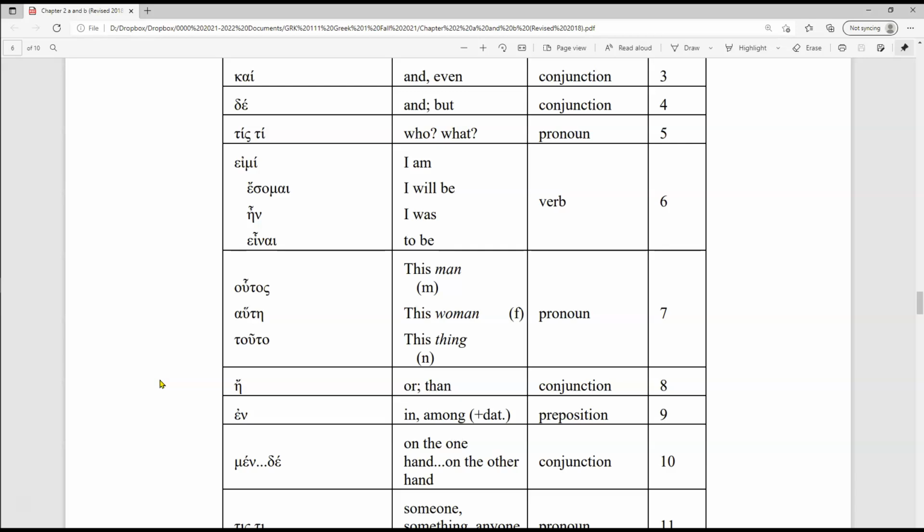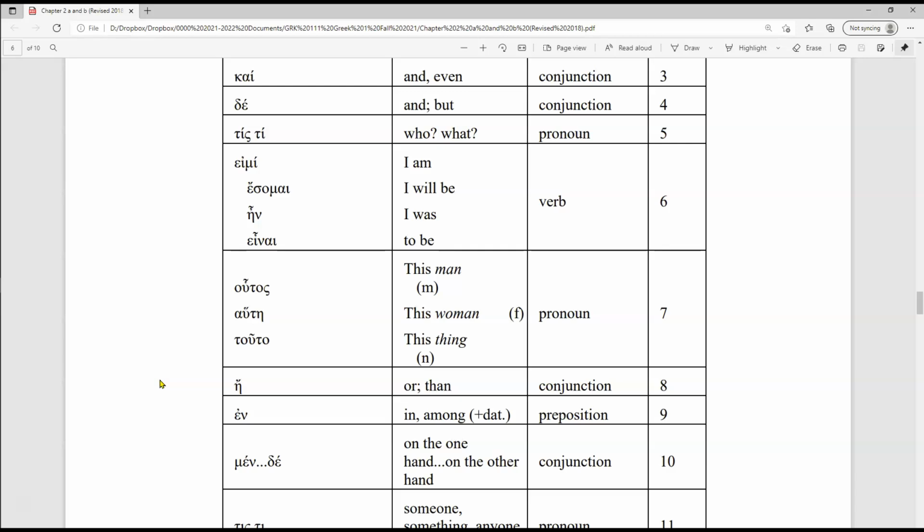De is a little bit trickier because in reality, de is part of a pair. Men de. And the men de construction is usually translated, men is on the one hand, de is on the other.